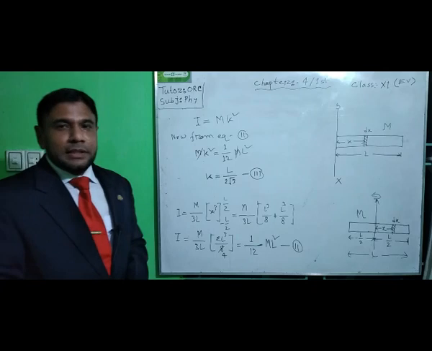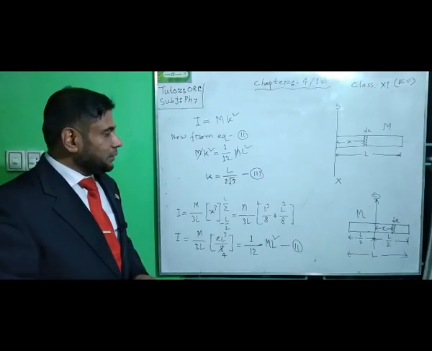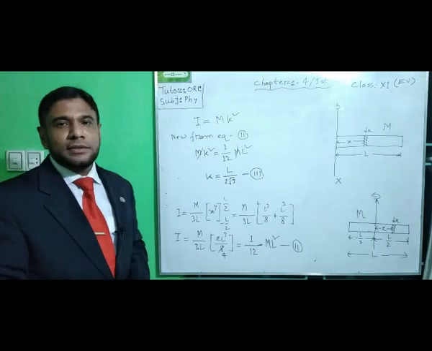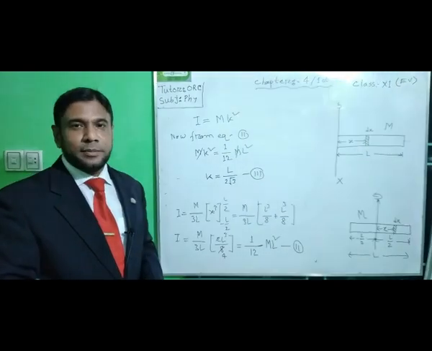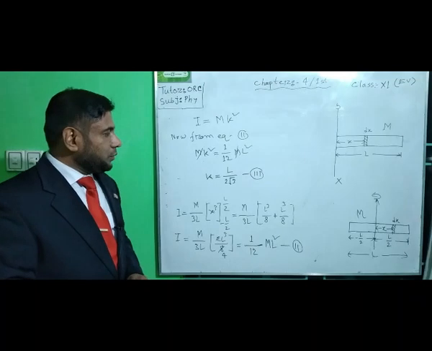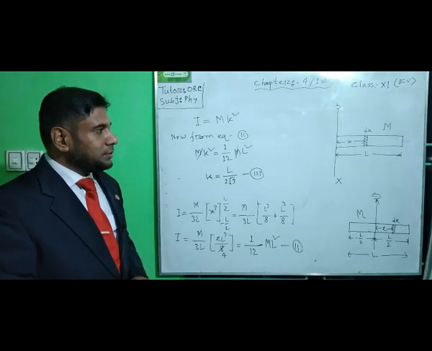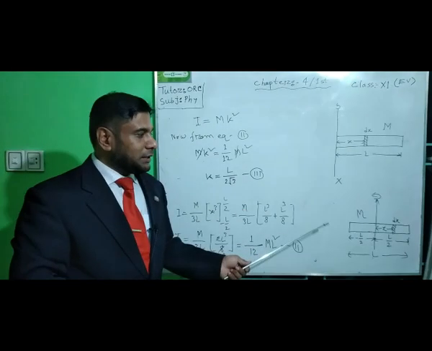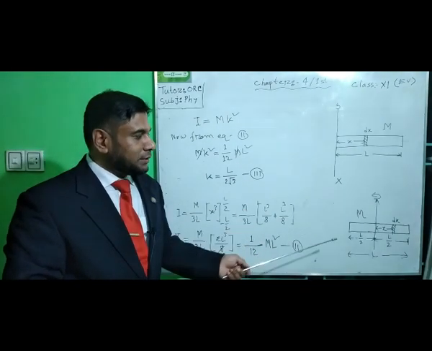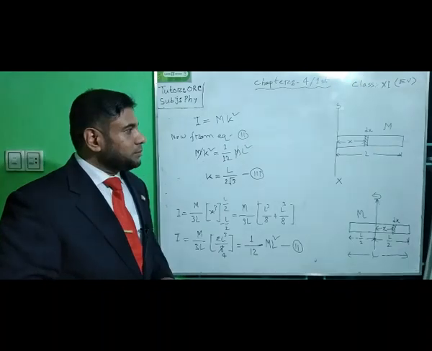So dear students, these two pieces of information are very important for both your SSC exam and admission. So you must remember these 4 equations. 2 are for the moment of inertia and 2 are for the radius of gyration.